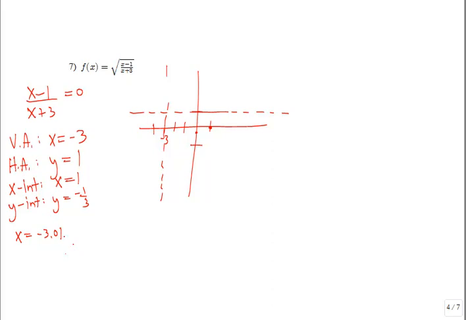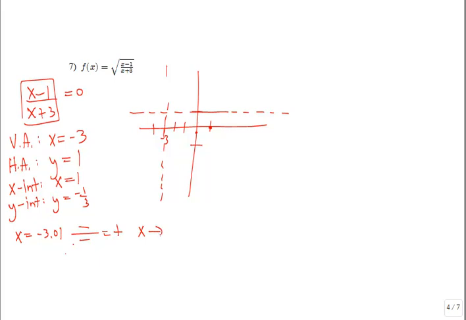So we're going to plug that in to this rational function and see what sign we get. So if we plug in a negative 3.01 and then subtract 1 from that, it's going to stay negative on top. If I take negative 3.01 plus a 3, that's going to be negative as well. But a negative over a negative turns positive.